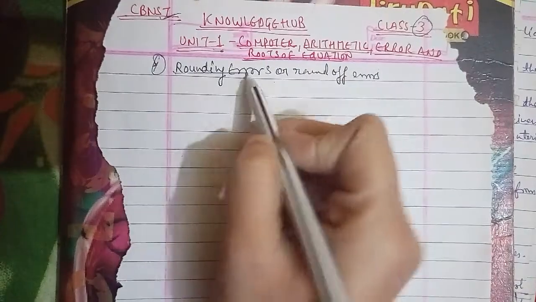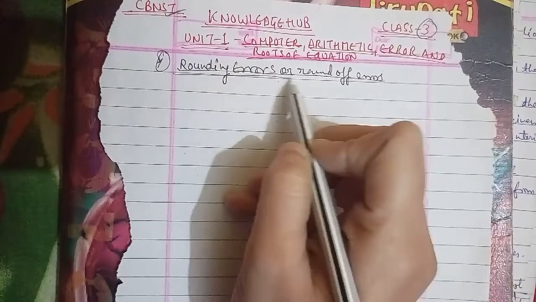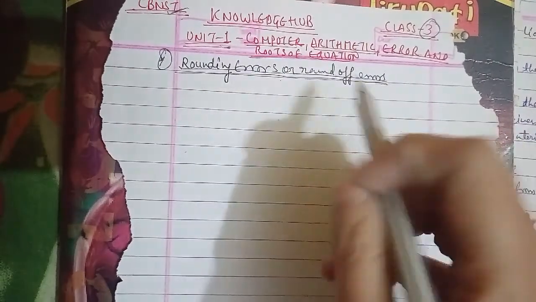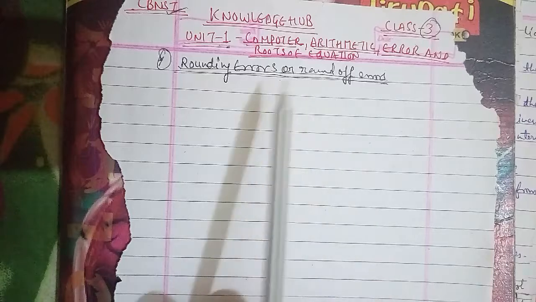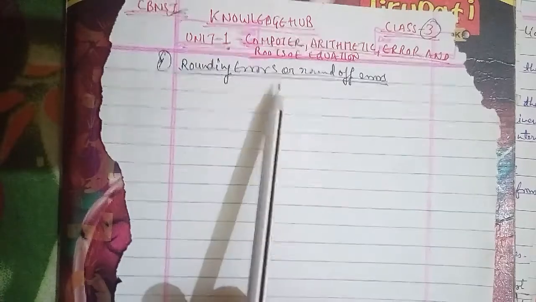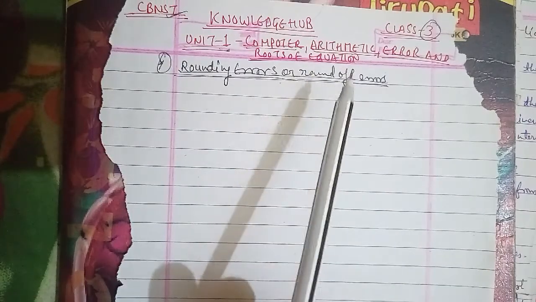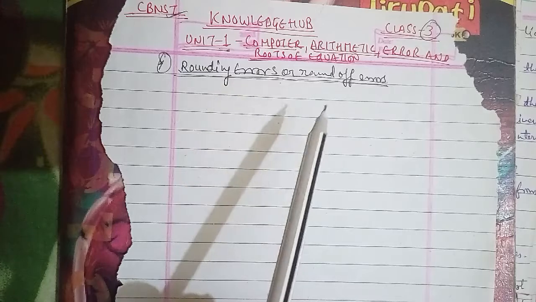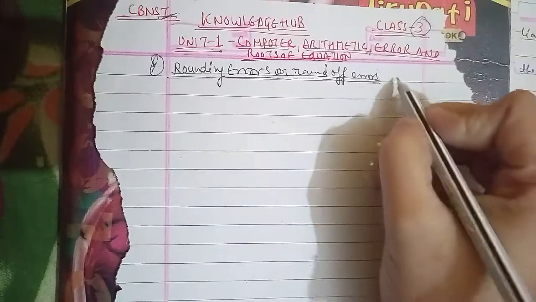Rounding errors take place because of rounding the last significant digit to the nearest value. For example, if we have 1/6, that is equal to 0.16666 till infinity.